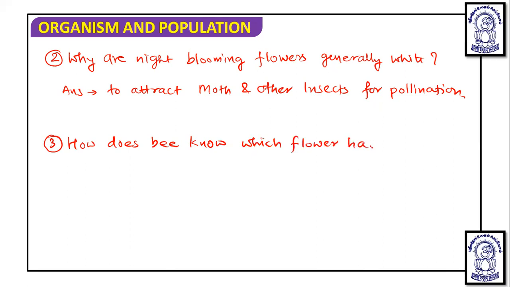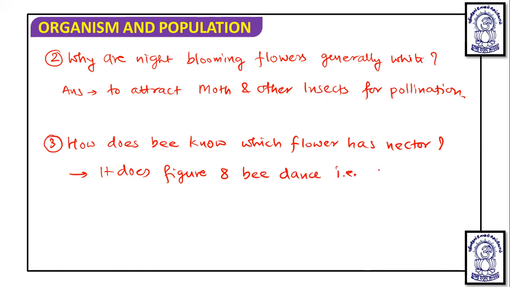As I said, one bee identifies the particular flower with nectar and does a figure eight bee dance, which is a signal for other bees.